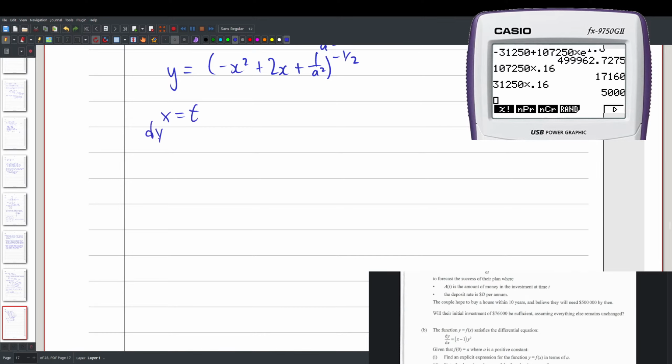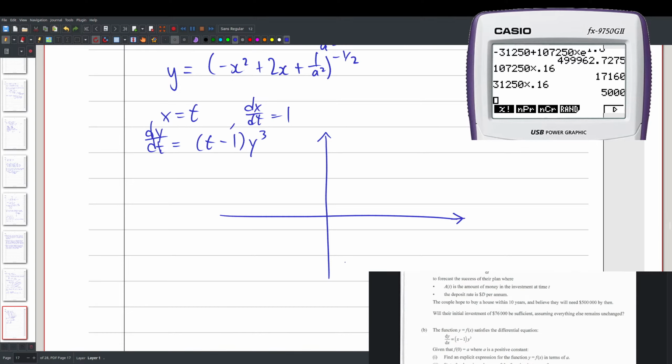Then dy/dt equals (t minus 1) y cubed, but dx/dt equals 1. So you draw the phase portrait, with the nullclines at y equals 0 and t minus 1.